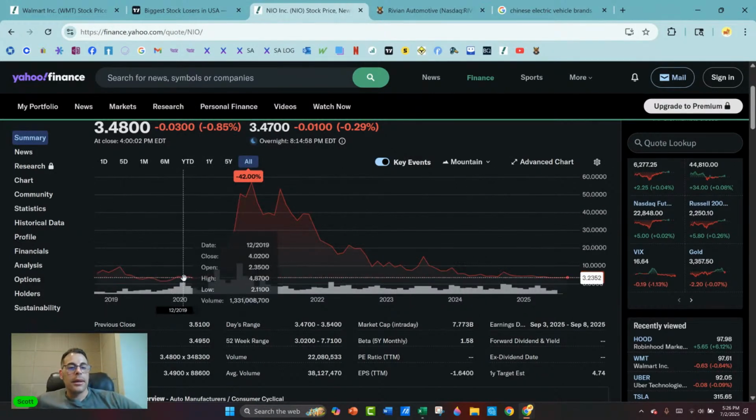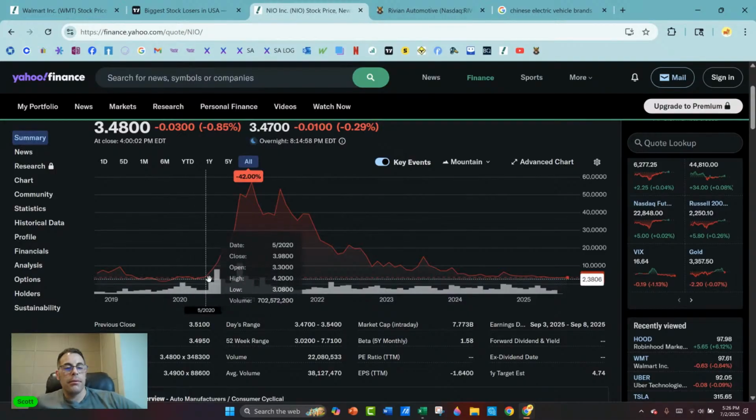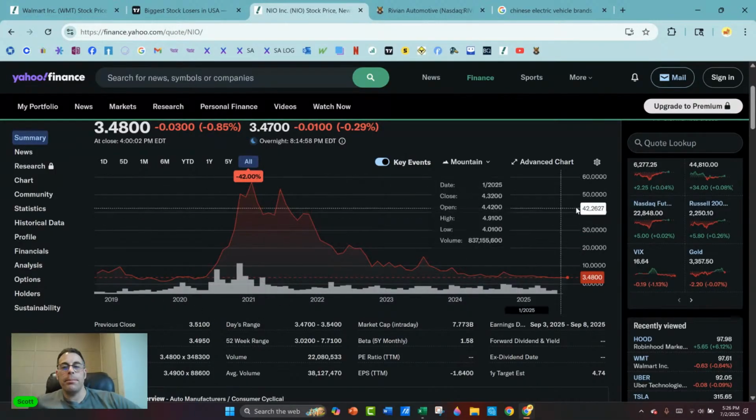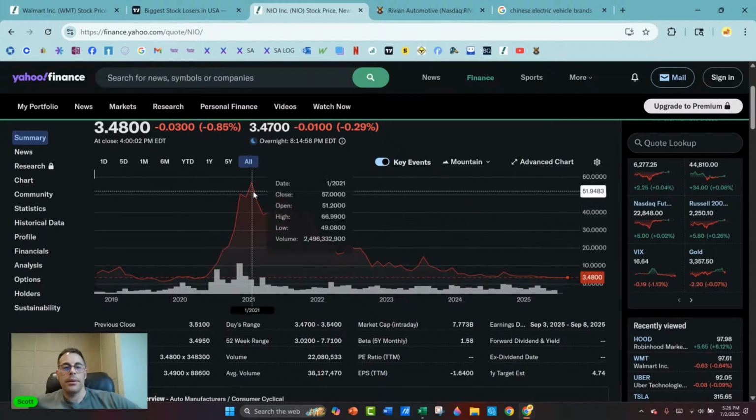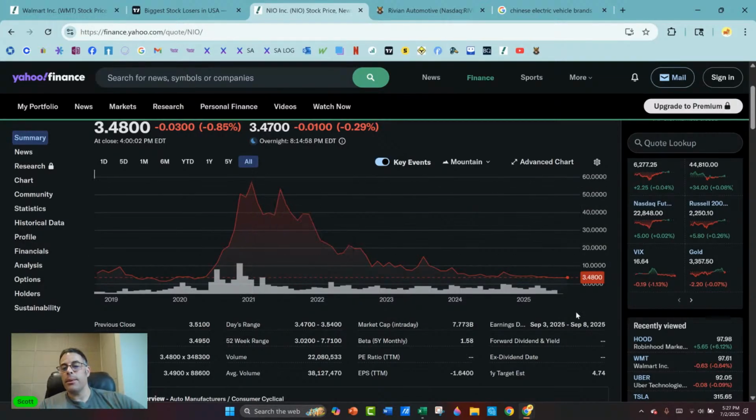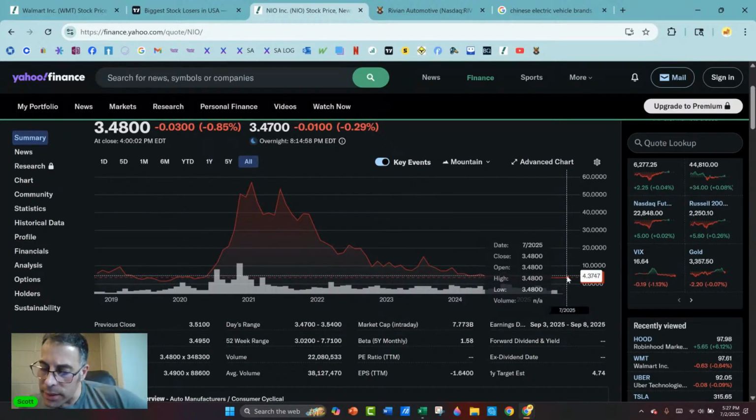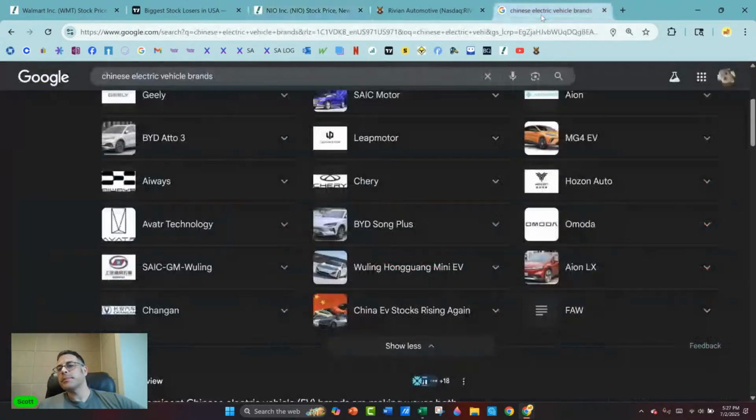This stock struggled for a good year and a half and then really shot up to almost 60. And that's down like 95%. It's a penny stock. There are a lot of reports that most China EVs are made and parked just to get government money. But I wouldn't be surprised.